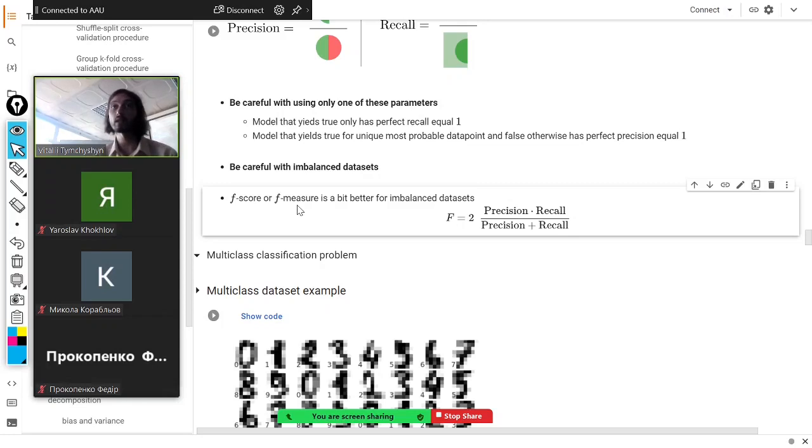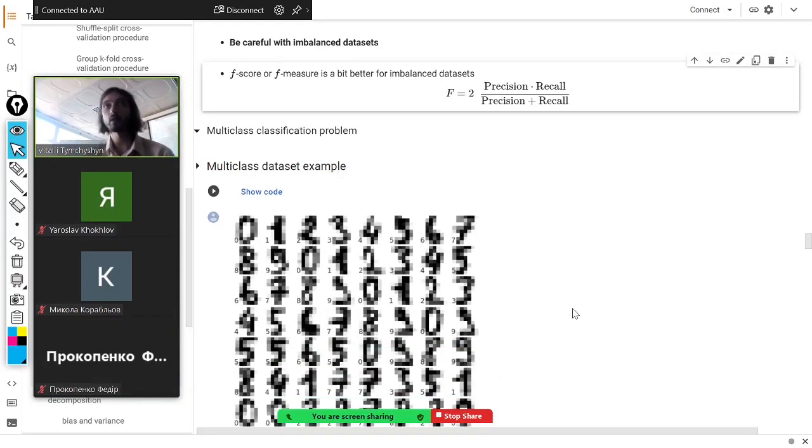We'll be using sklearn, and there are already functions for calculating that, and I think you'll be seeing that F measure. It basically takes precision and recall and tries to squeeze them into one number so that we can get some idea about the quality of the model. But as I always say, there is no perfect way to squeeze the numbers into one, so there can always be some cases when it doesn't play really well.